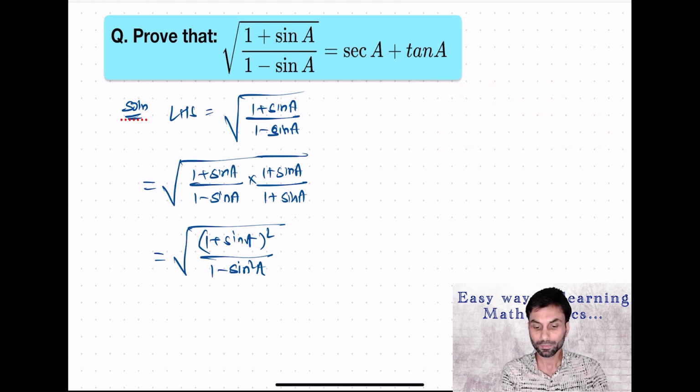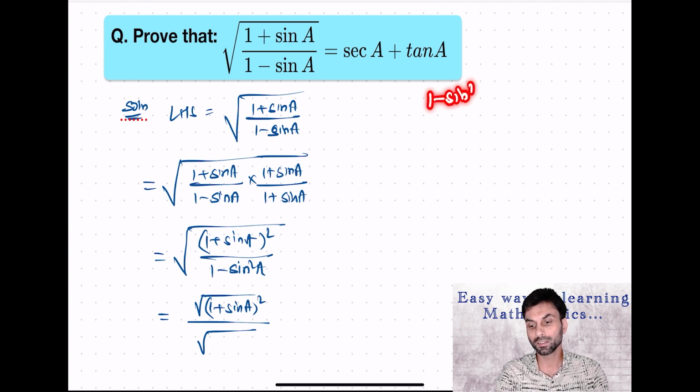Next, if you take the square root of it, you can write it as the square root of (1 plus sin A) whole square upon the square root of 1 minus sin square A. Now, it can be written as cos square A using the identity.